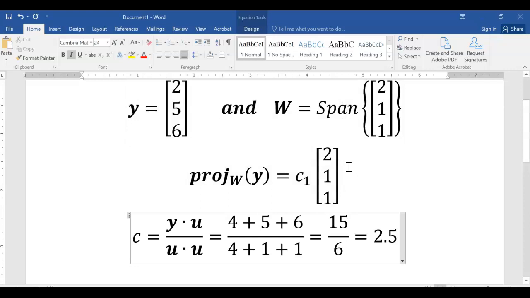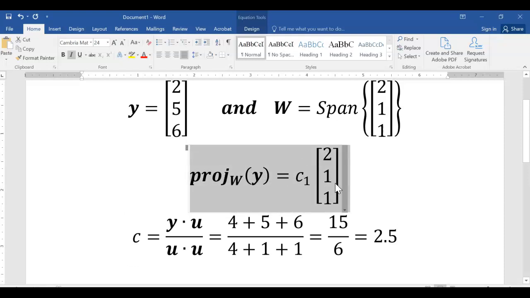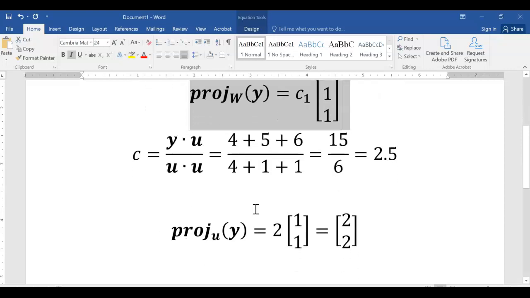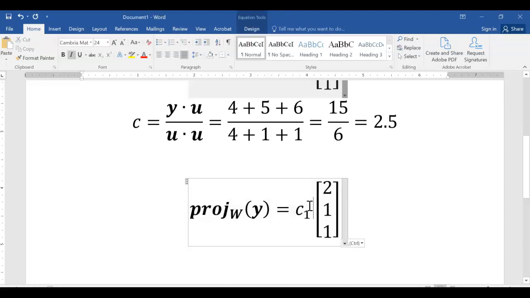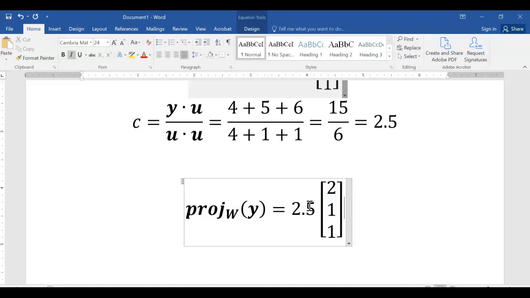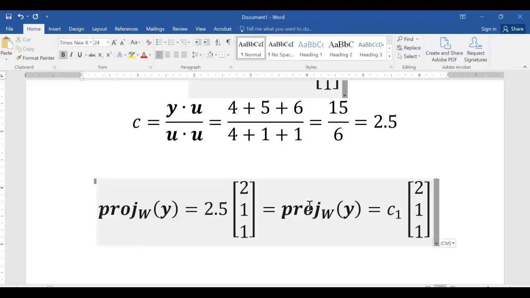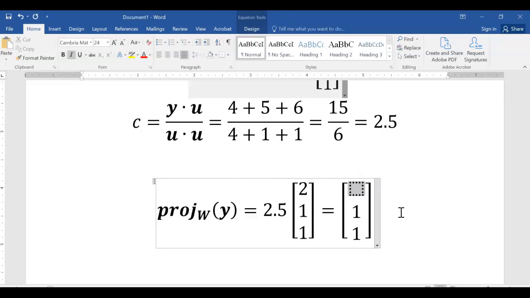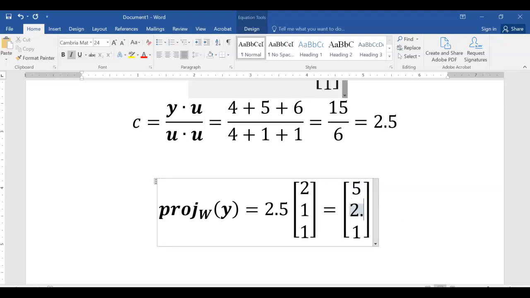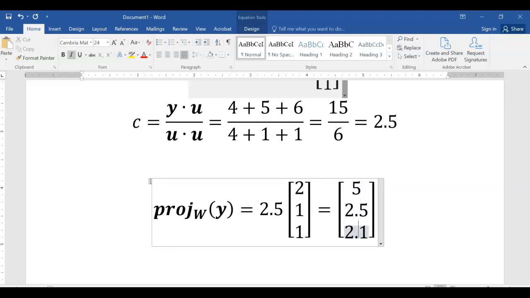All right. Now what that means is that the projection of y onto W is going to be 2.5 times this vector, which is equal to, 2.5 times 2 gives me 5. 2.5 times 1 gives me 2.5. 2.5 times 1 gives me another 2.5.